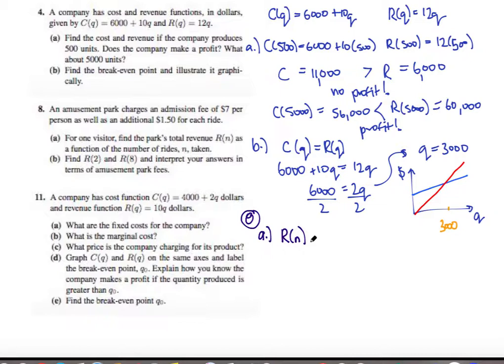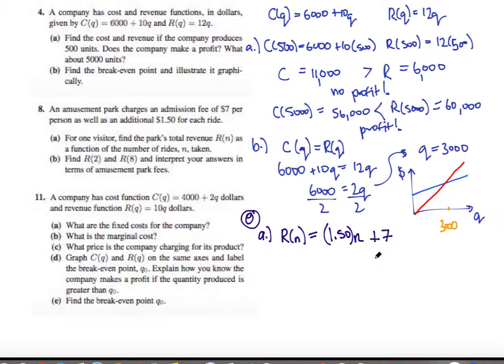So this is going to be revenue per person times the number of rides. So if we do the rides bit, we know that this is just 150 times n. Right? This is my revenue per ride. And so for one single person, it's going to be 150 times the number of rides plus $7.